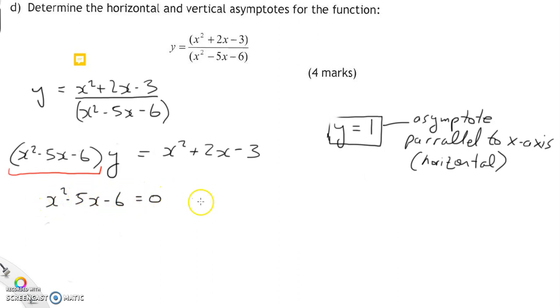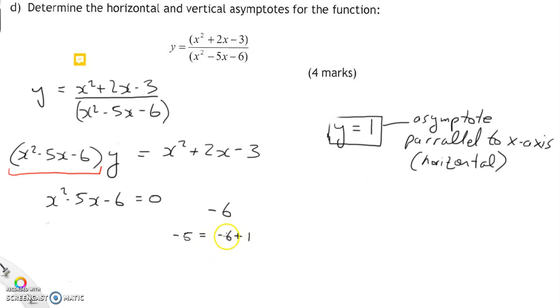Now 1 times minus 6 is minus 6, and how are we going to solve that now? Minus 5 equals minus 6 plus 1, right?